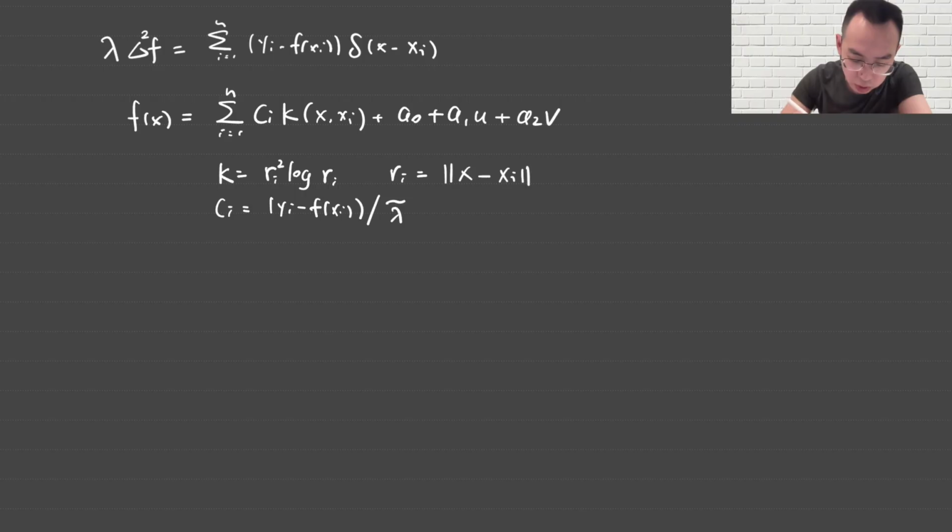Okay, and the kernel function must satisfy this condition to be able to solve this PDE. So when we apply the biharmonic operator to the kernel function, it must give us a constant. The constant is 8 pi, I think, times the delta function. So that is the condition the kernel function must satisfy.